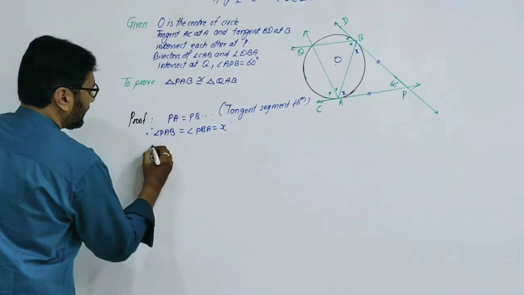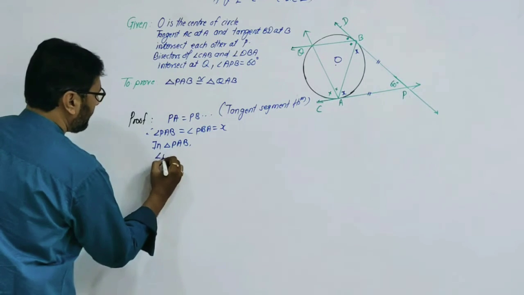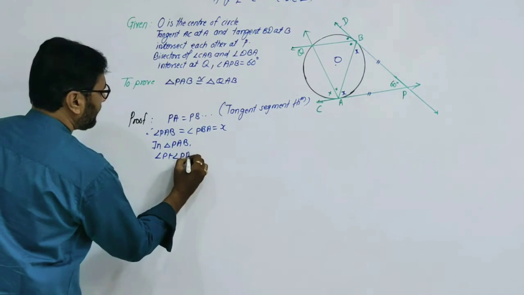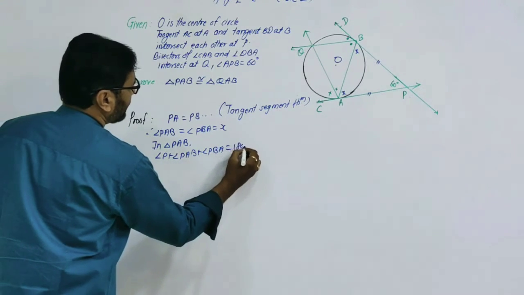You know, in triangle PAB, angle P plus angle PAB plus angle PBA is equal to 180 degree, angle sum property of triangle.